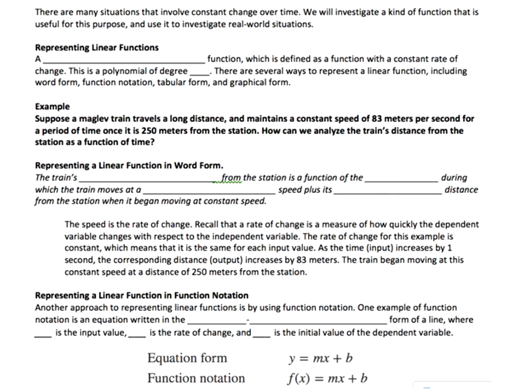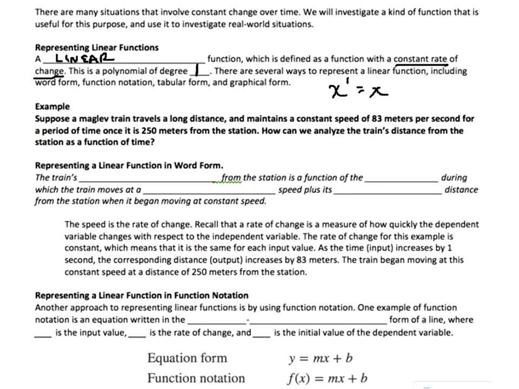So a linear function is defined as a function with a constant rate of change. This is a polynomial of degree 1. So x will be raised to the understood first power. You won't see written x to the first power, you'll just see x. So it's understood to be raised to the first power.